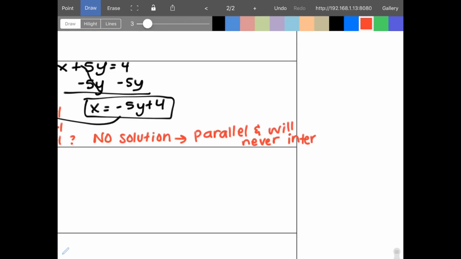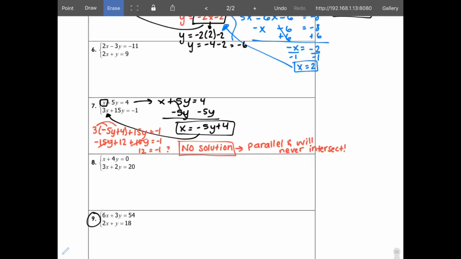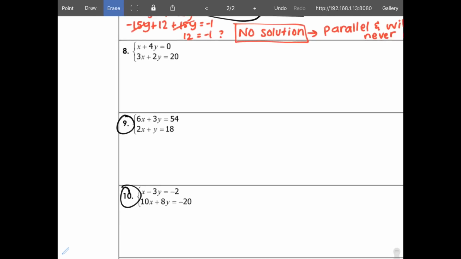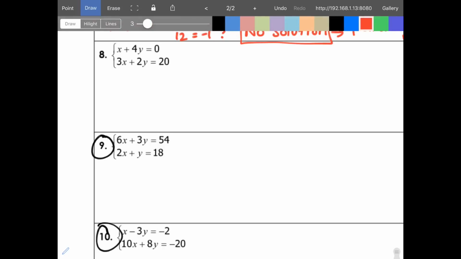Remember when we graphed, it looked like this, right? And then we're like, oh, okay, that's parallel, so it's going to be no solution. Okay, all right, let's do number 8, because I didn't realize that was going to be no solution. Okay, let's try one more.